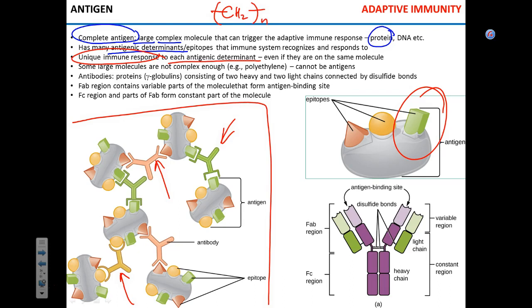That's the structure: methylene groups, just long chains of methylenes. That's it. Nothing complex, really. It's super simple. So that molecule is enormous size-wise, but it's not complex. So you can put polyethylene material into the human body and the immune system will not even see it. Does that make sense? Good.